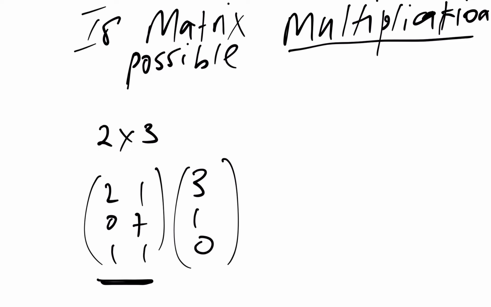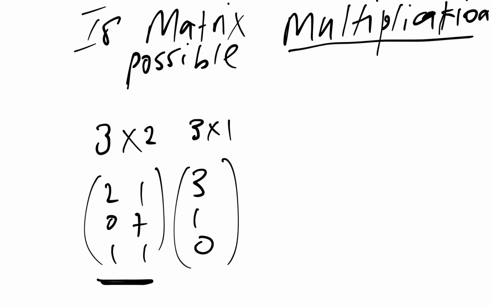So it's not a 2 by 3, I'm mistaken. We have 3 rows, so it's a 3 by 2. And then the second matrix is 3 by 1. Again, we have 3 rows and 1 column.